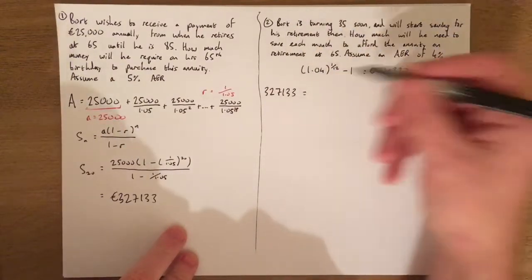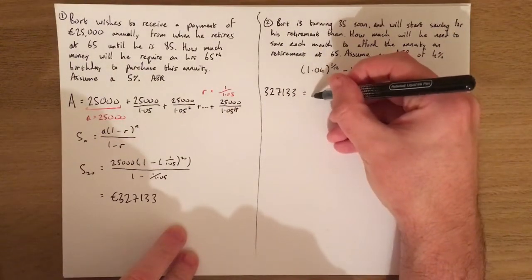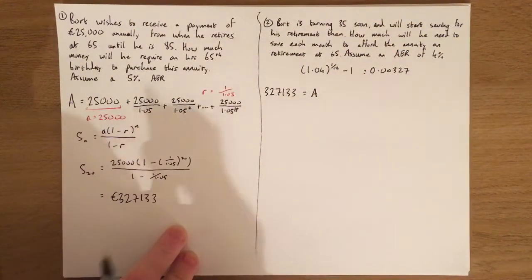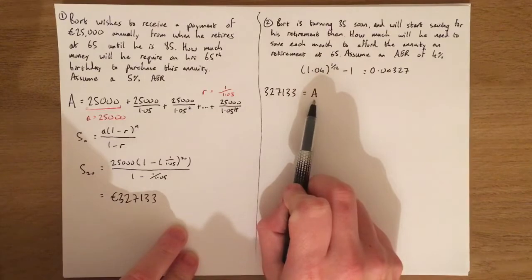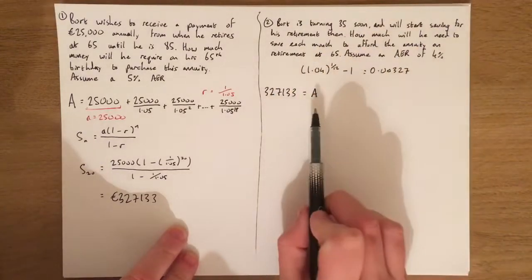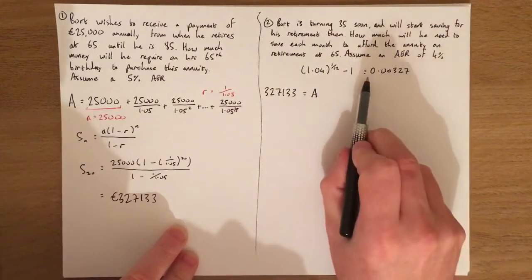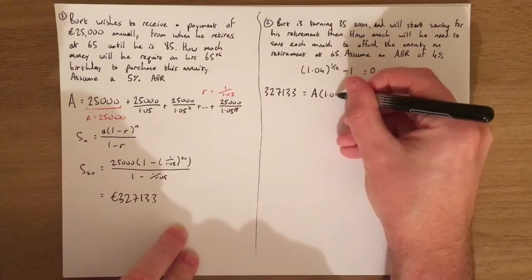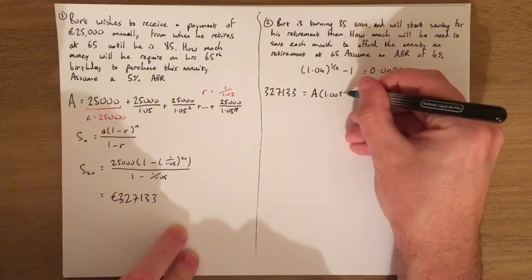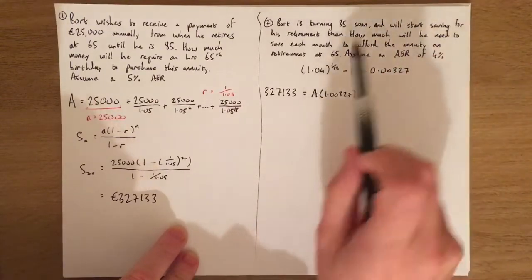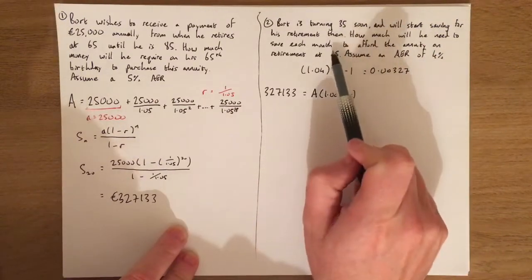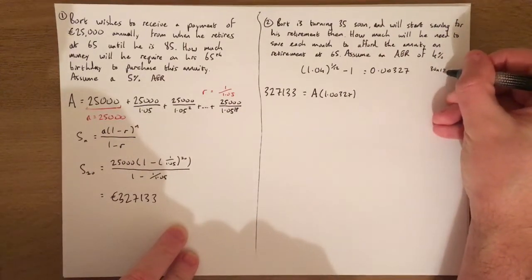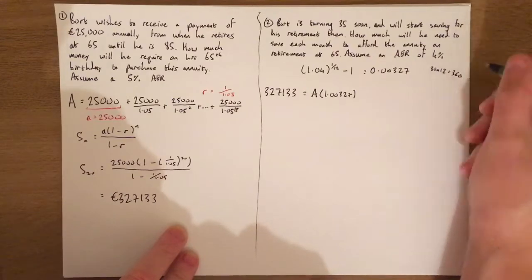I'll just use A again as the amount I'm saving. So when he turns 35, he's going to put some amount in the bank or in some sort of savings product. It's going to earn this much interest, so 1.00327, and then he is saving from 35 to 65, so he is saving for 30 years, so times by 12 is equal to 360 months.